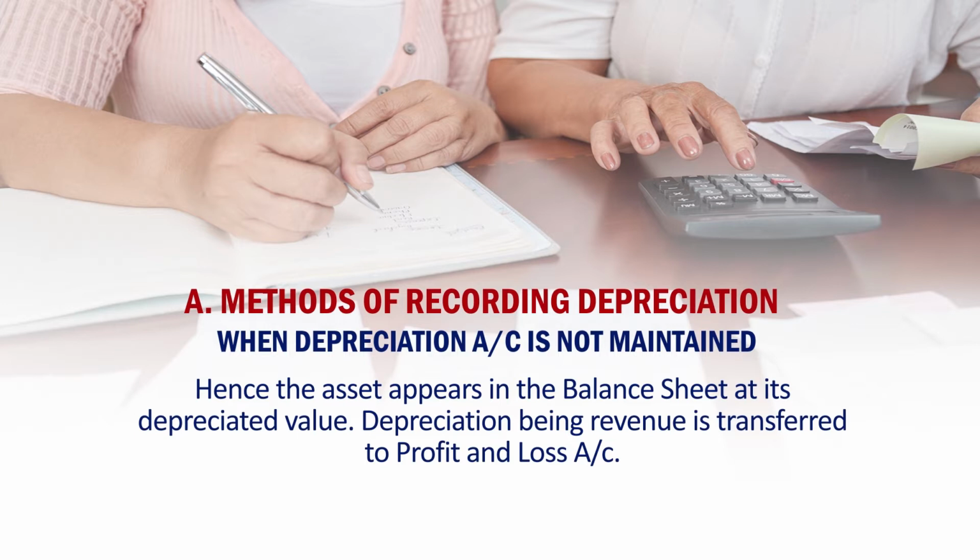At the end of the first year, when we prepare the financial statements, we charge rupees 10,000 as depreciation to the profit and loss account, and in the balance sheet we show the asset at rupees 90,000, that is, the original cost of rupees 1 lakh minus depreciation of rupees 10,000. The net balance is 90,000, which we generally call the book value of the asset.